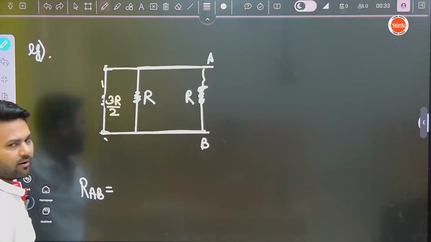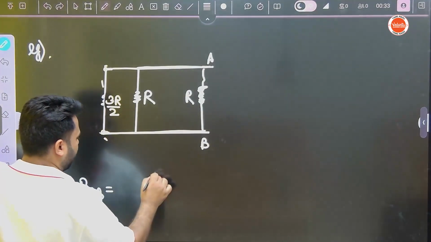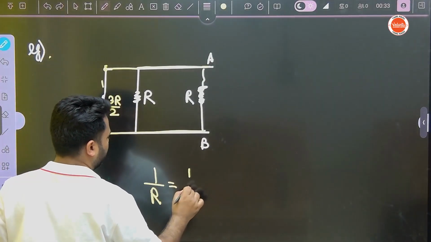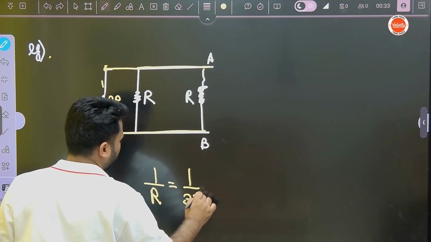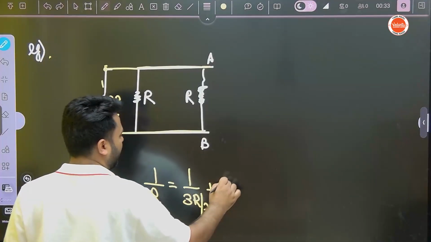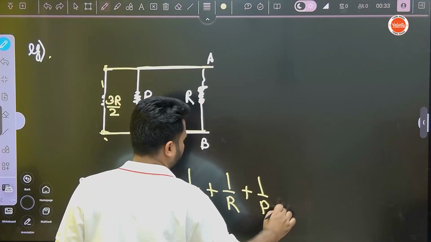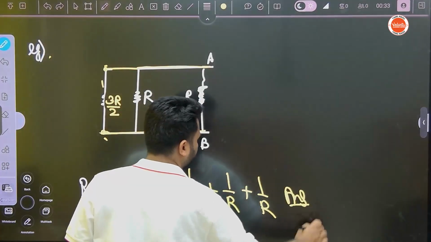Now all are in parallel. So 1 by R equivalent equals 1 by 3R by 2 plus 1 by R plus 1 by R. You can solve this and get the answer.